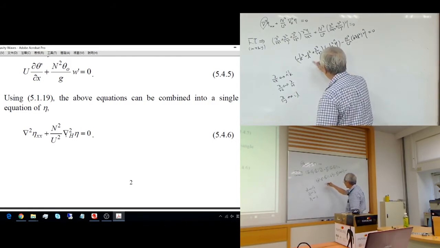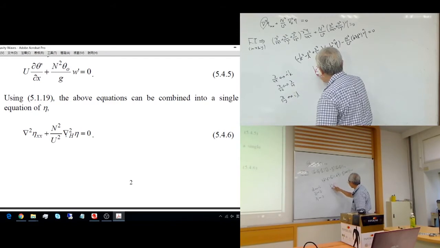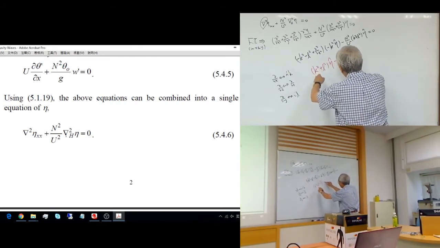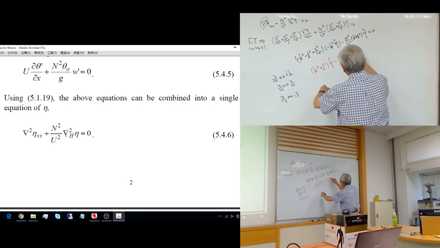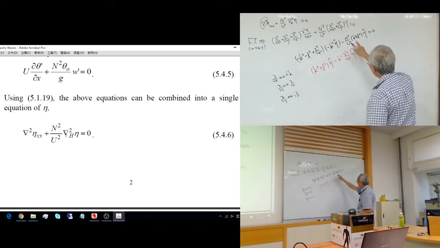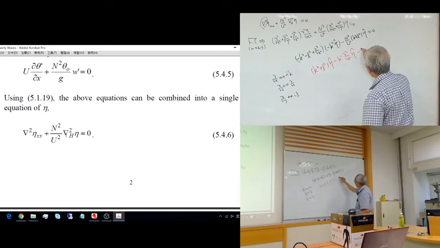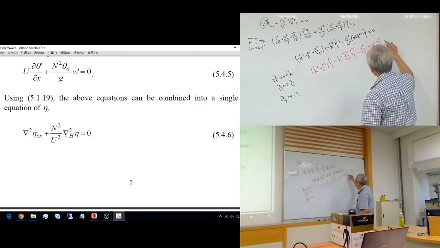We have k squared plus l squared times eta hat for the first two, and then minus k squared, l squared, z eta hat, and then minus N squared over U squared times k squared plus l squared times eta hat equals 0.